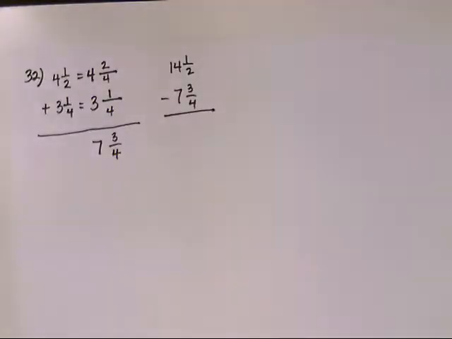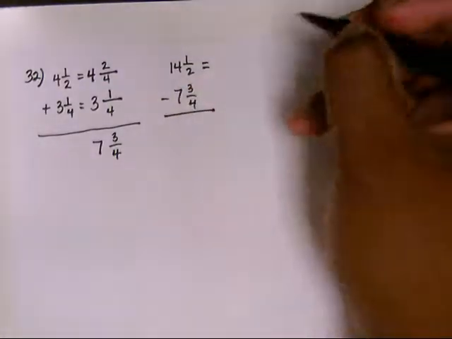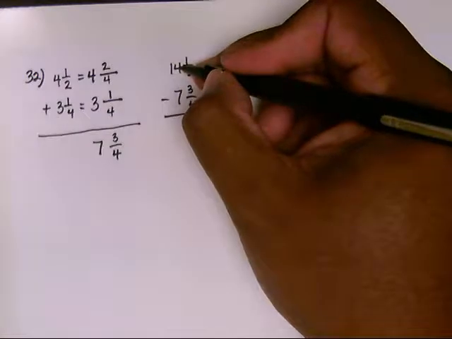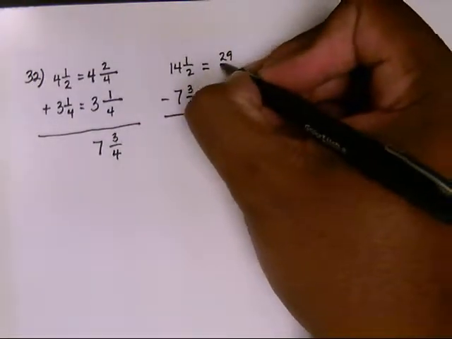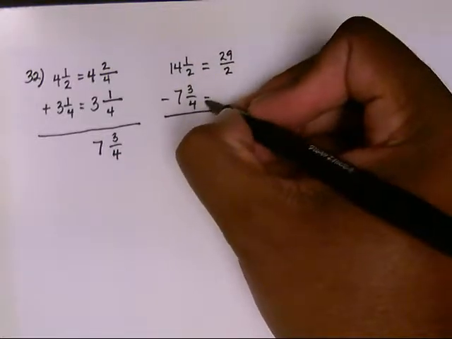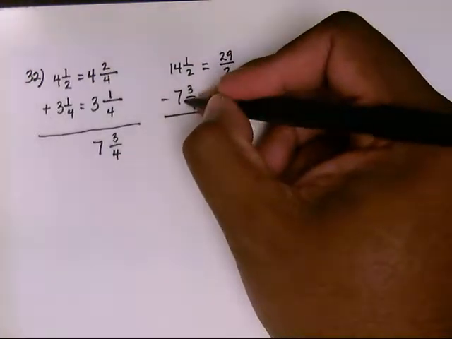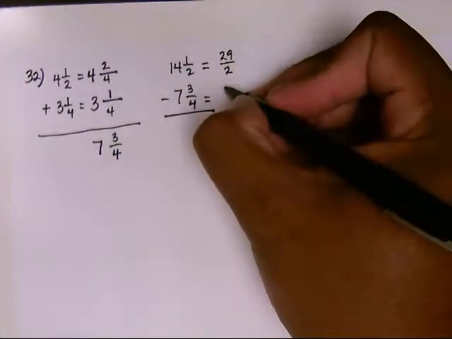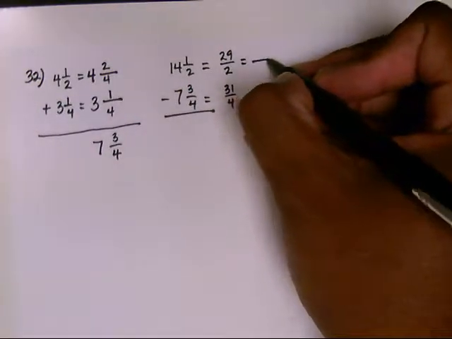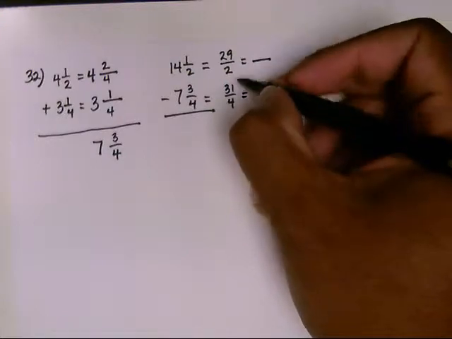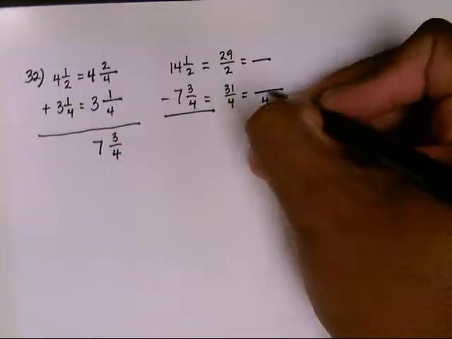I like to change these to improper fractions here. So if I do 2 times 14, that's going to be 28, plus that 1 would be 29 over 2. 4 times 7, that would give me 28, plus 3 would be 31 over 4. Now let's find the least common denominator for 2 and 4. Again, that's going to be 4.